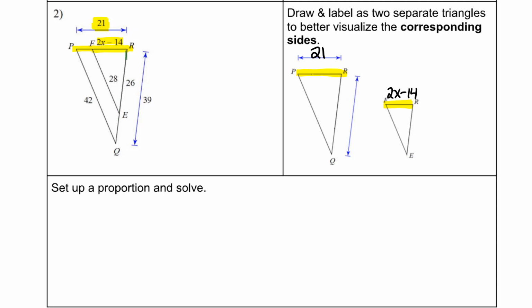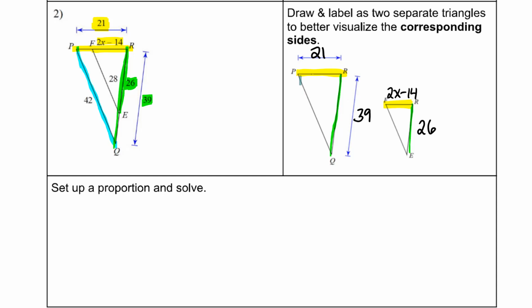And then we have the side RQ, which in total measures 39. And its corresponding side on the smaller triangle is RE, which is represented by the length of 26. And the last sides that correspond are the sides that appear to be parallel.